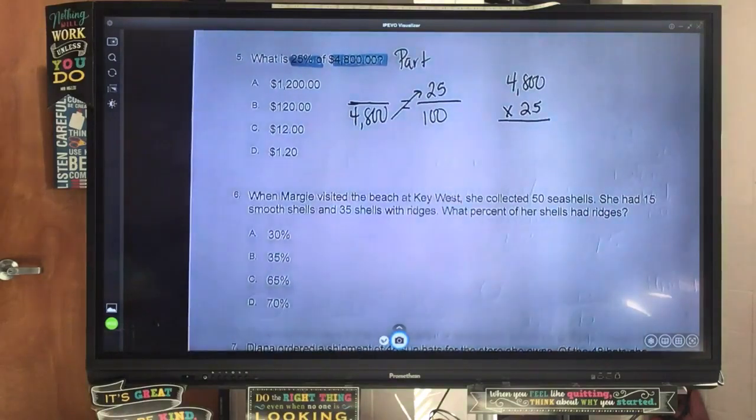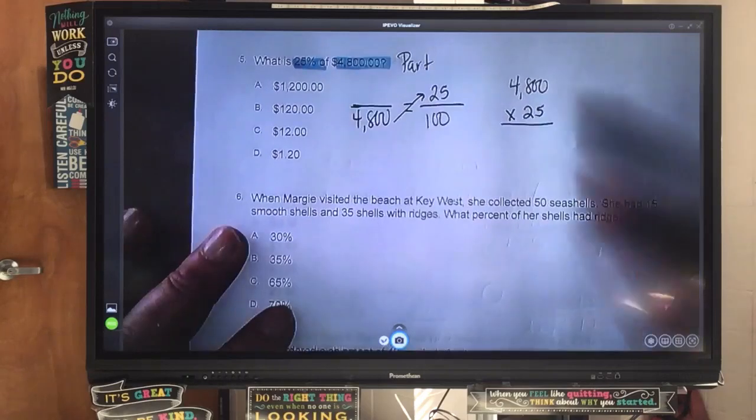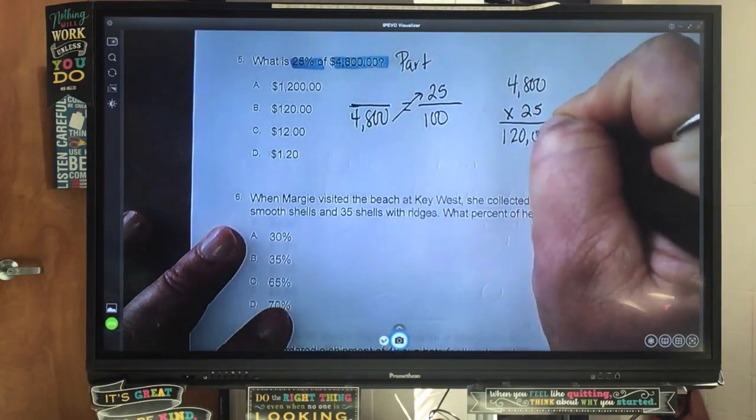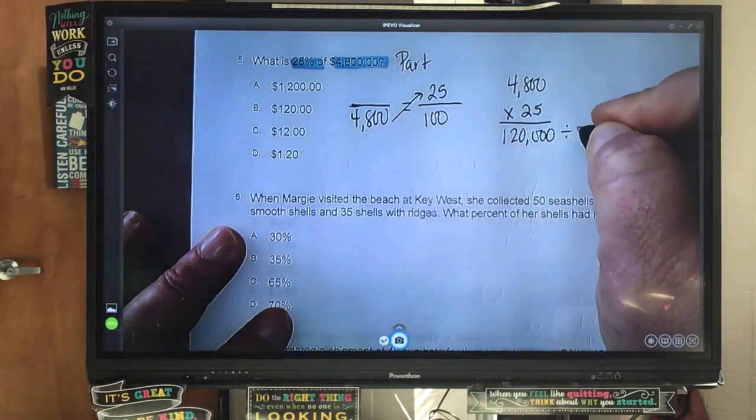What did you get? 120,000. And then you divide it by what? 100.